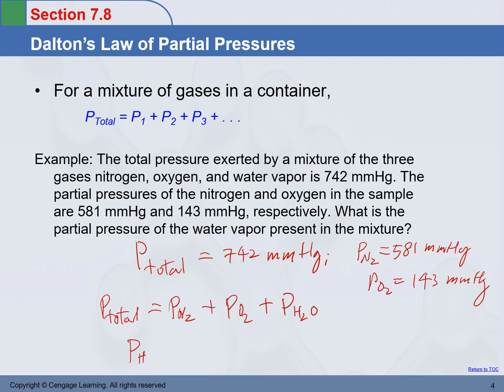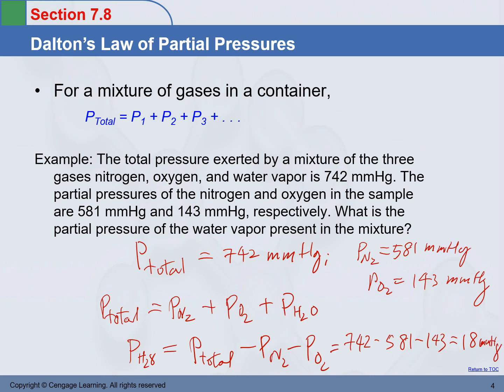Therefore, P water vapor is going to equal P total minus P nitrogen minus P oxygen, which is 742 minus 581 minus 143, which is 18 millimeters mercury. That's it.